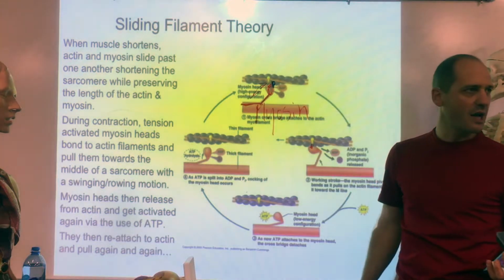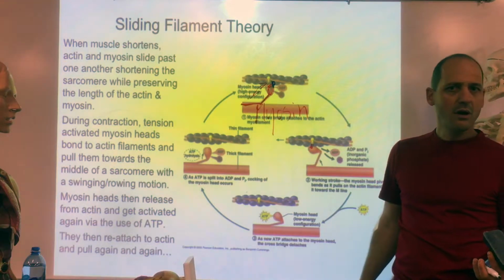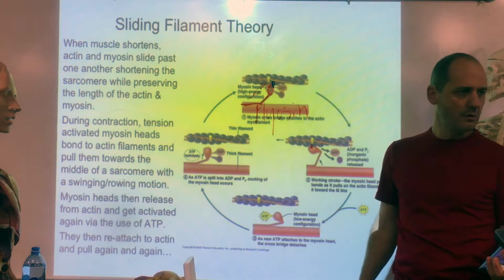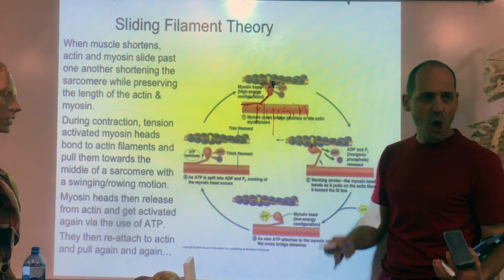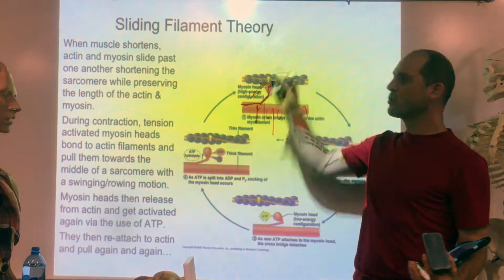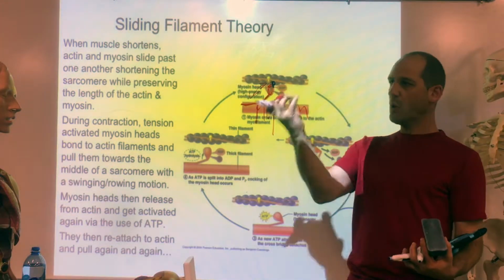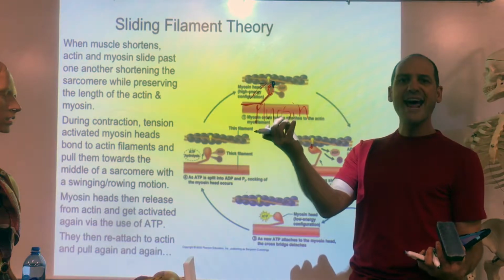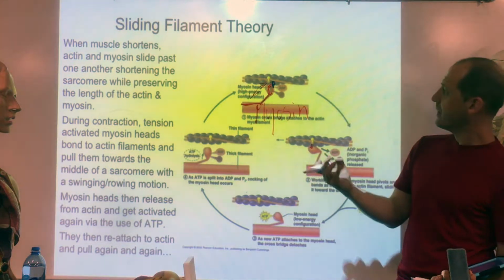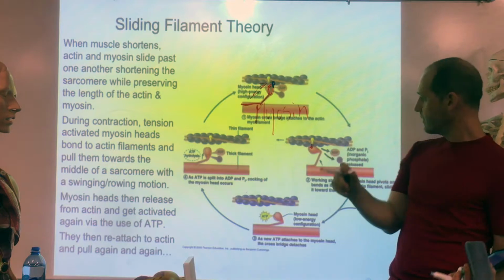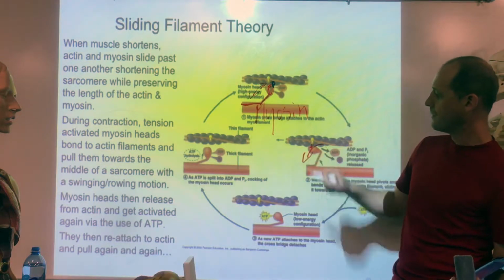It's called an active site. And that is just a magnet. So whenever that active site is open, that head wants to go glue to it. Boom. And then as soon as it attaches to it, it pulls towards it.